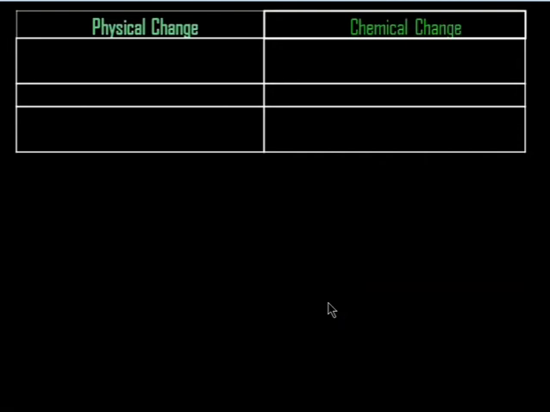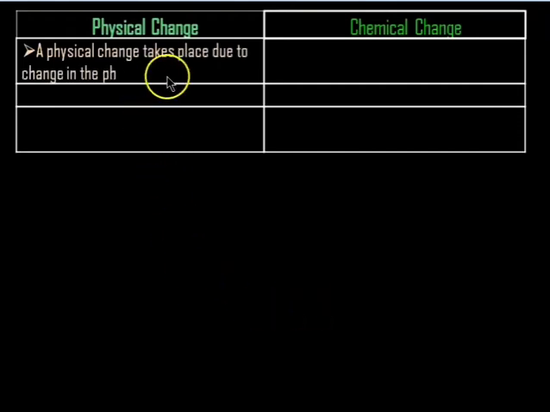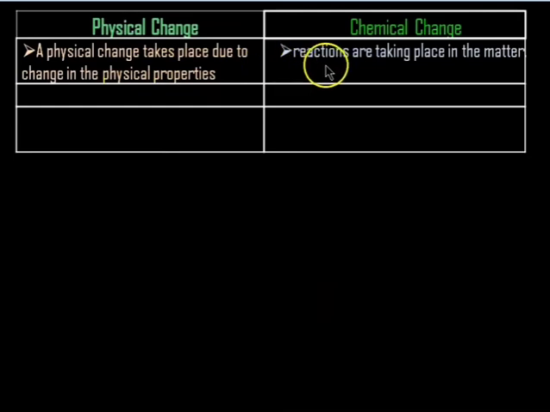Now the difference between physical and chemical change. Physical change takes place due to change in the physical properties, and chemical change takes place due to the reaction taking place in the matter or substance.